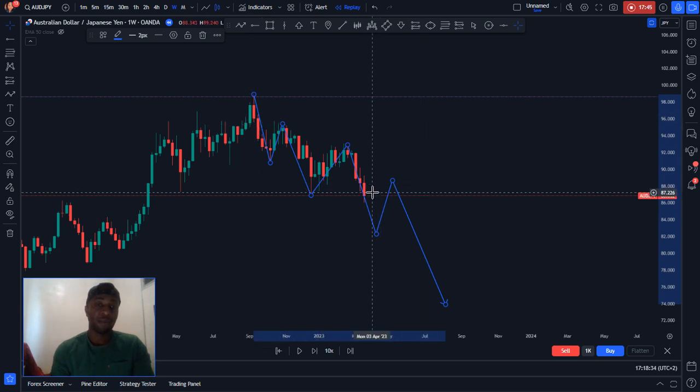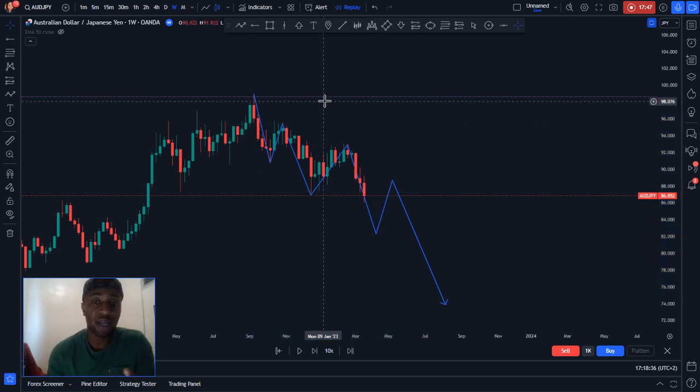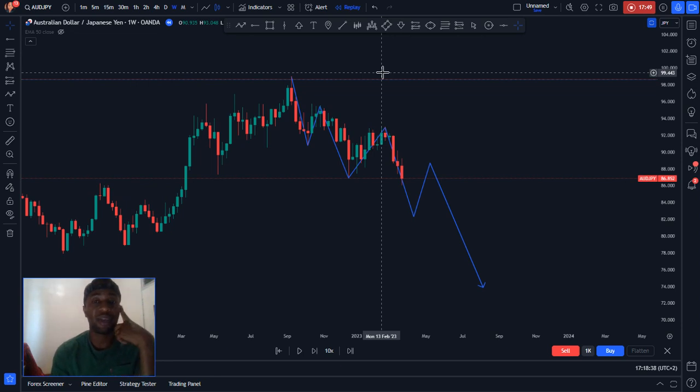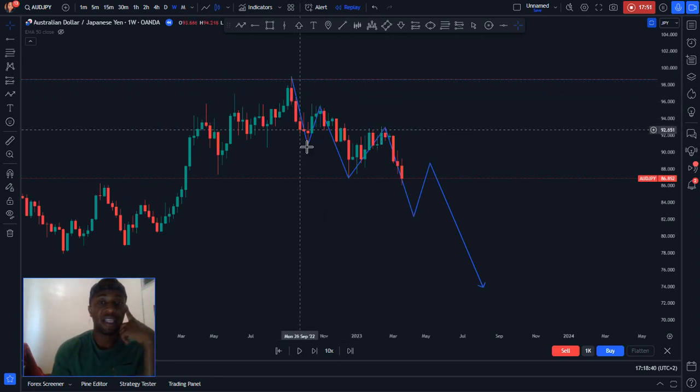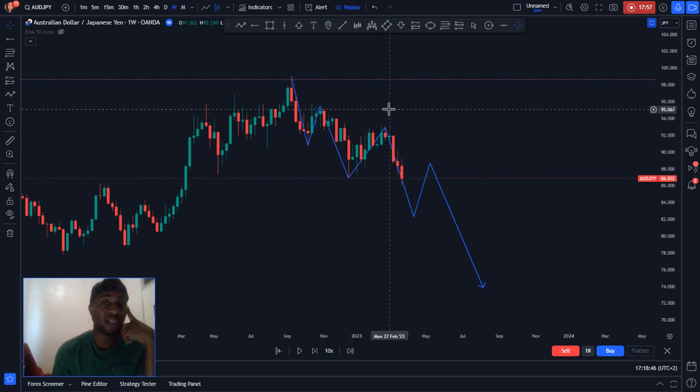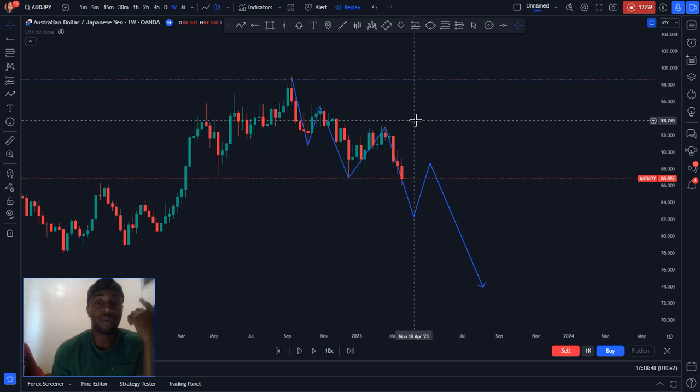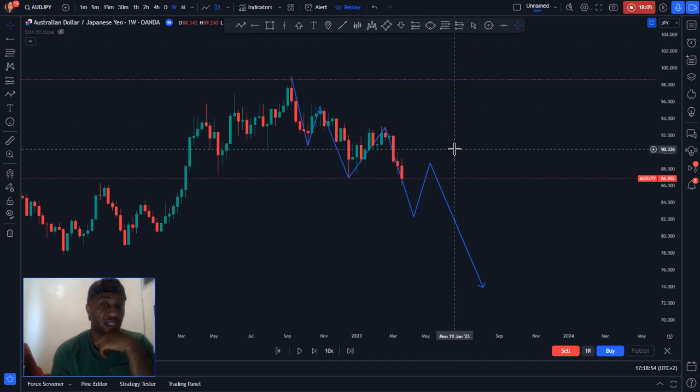Well, someone who started on a higher time frame would have a picture to say, you know what, this was a correction phase. So if the market was in a correction phase, this person should be waiting for the market to start reversing and then start taking buying opportunities.